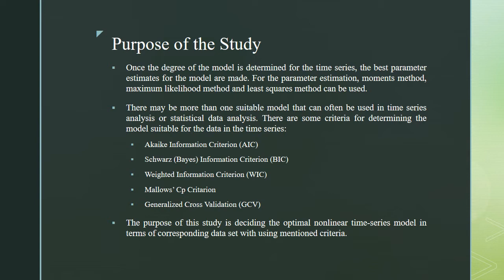There are some criteria for determining the model suitable for the data in the time series: Akaike information criterion, Schwarz information criterion, weighted information criterion, Mallows' Cp criterion, generalized cross validation.